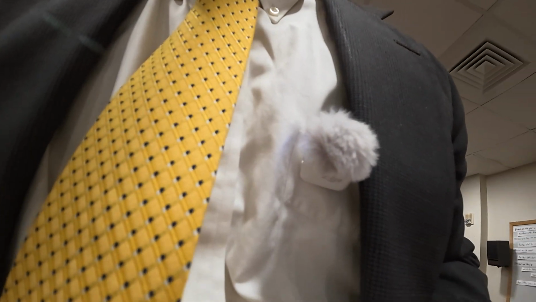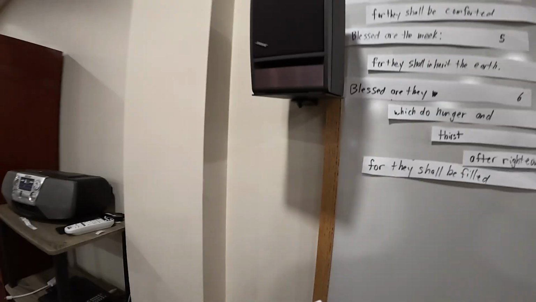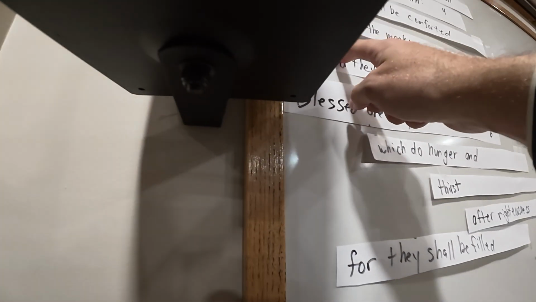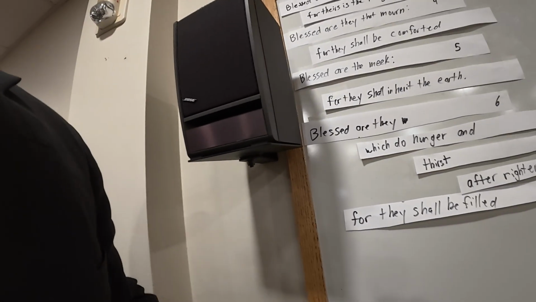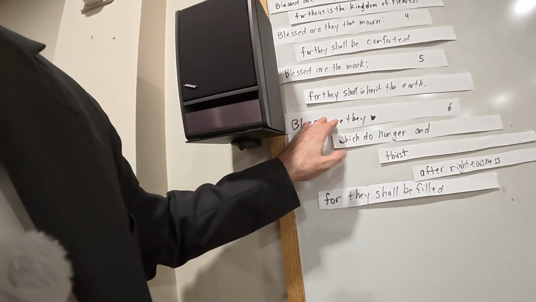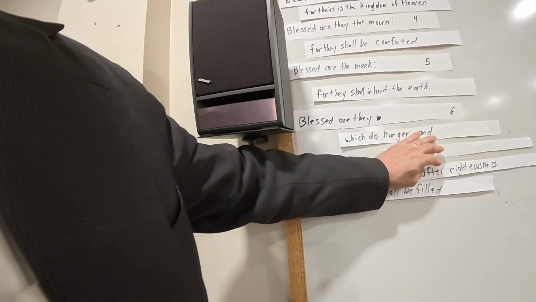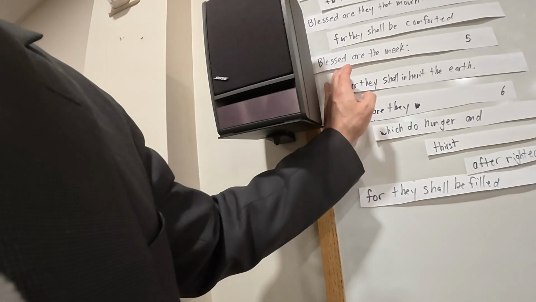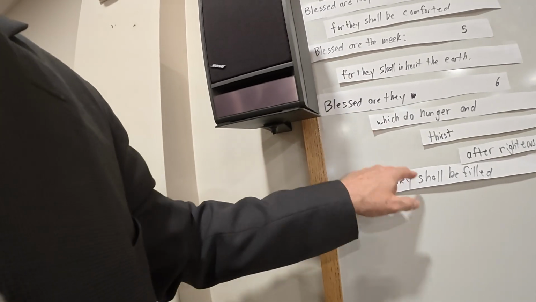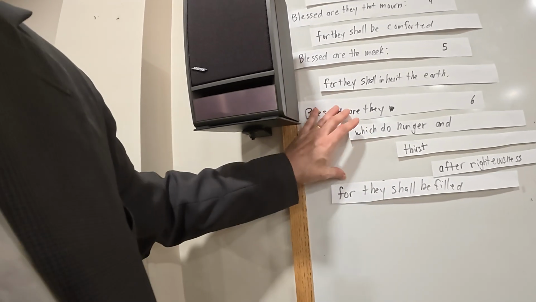Okay, and we have, for they shall be filled, and you put it in spot number 2. So you're saying it's the same as for they shall inherit the earth, for they shall be comforted? Yeah, because it's blessed are they, where they shall be filled. Correct, because it's the follow-up of blessed are they. So the fact that we have this in the middle, that's fine. This is kind of describing this here, but this shows the repetition of the pattern. So this is correct. This is grammatically in this spot.